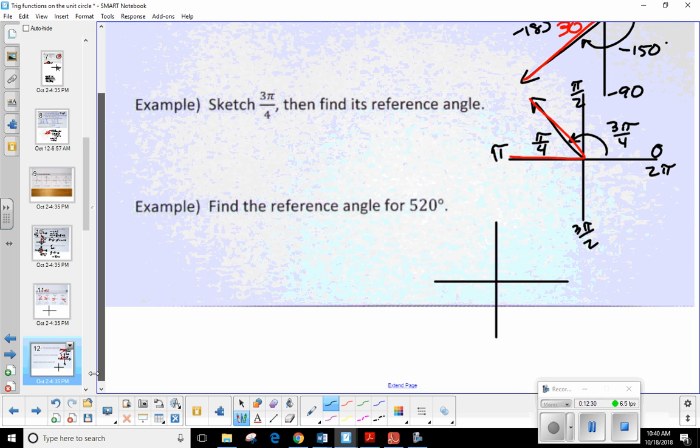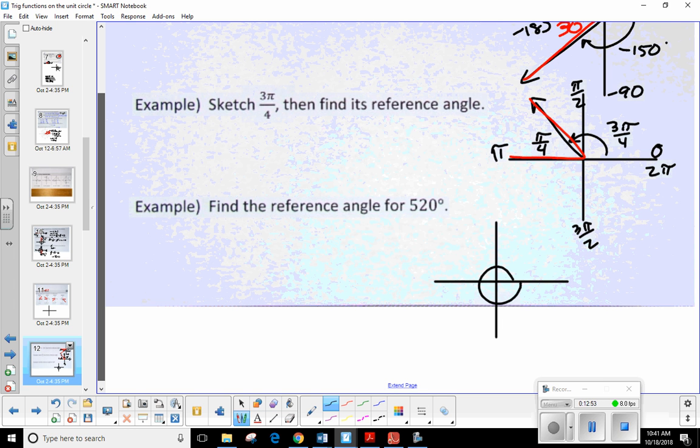Okay. Well, what about this one? Find the reference angle for 520 degrees. That's definitely bigger than 360. It's positive, so I'm going to go all the way around. Right there is 360. But how much further do I need to go? What's the difference? 520 minus 360. I need to go an additional 160.